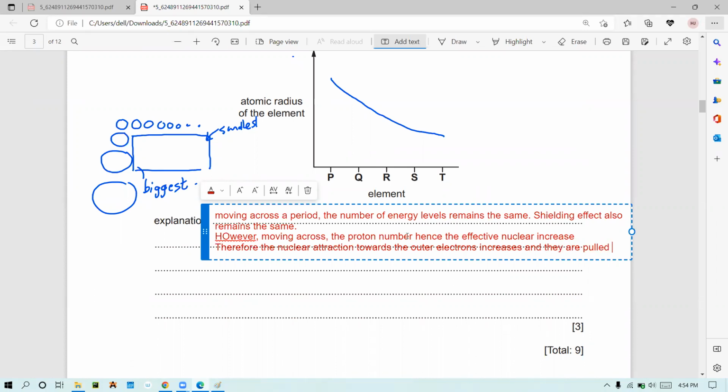And they are pulled more towards the nucleus. And the size decreases.